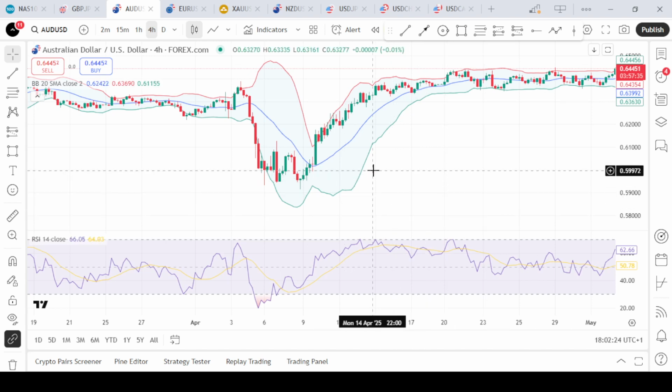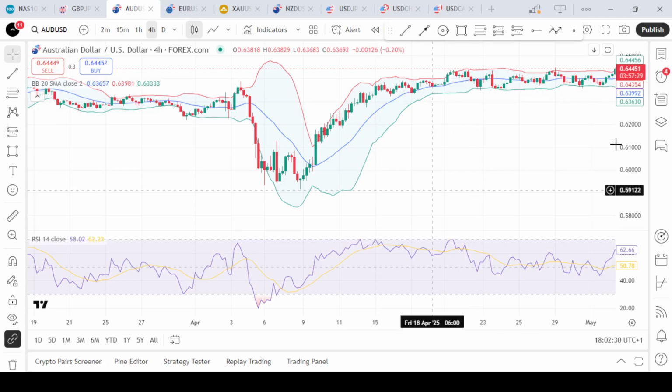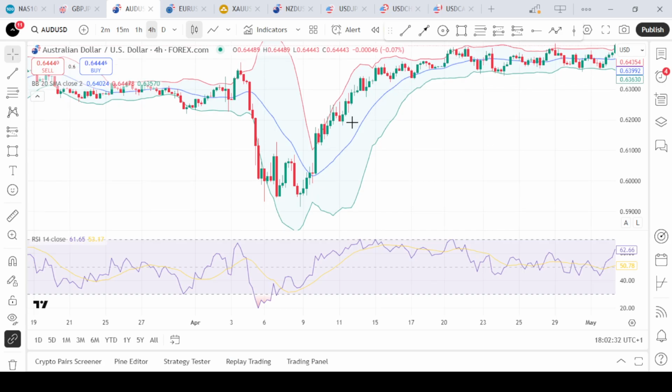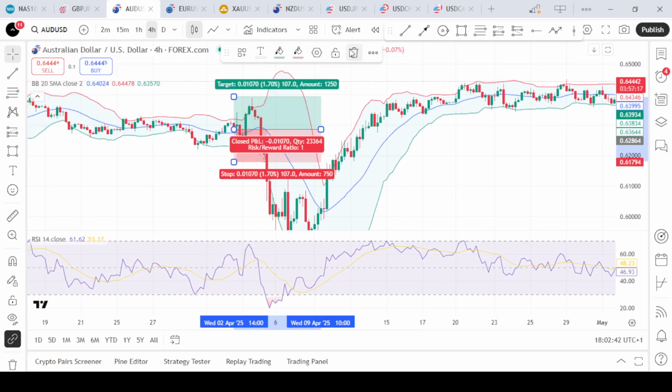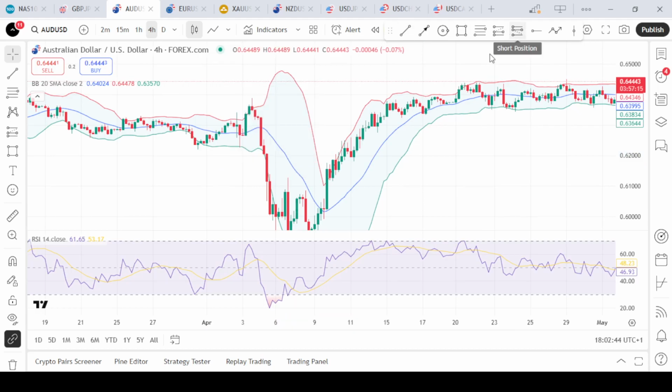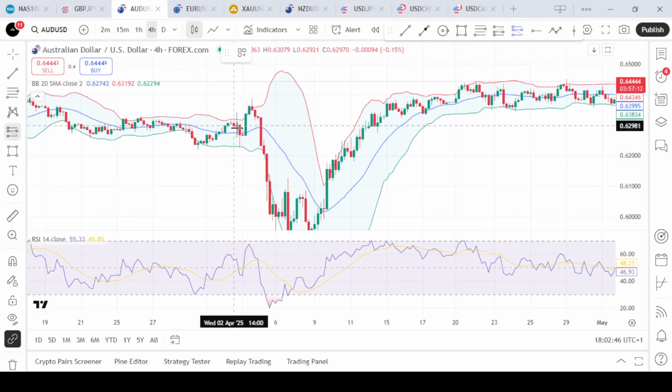Let's not forget setting a tight stop loss just outside the band is also a common error. Remember, we are talking about the common mistakes that we can make. You do not want to just take a trade at this area and set a tight stop loss because price can whip you out and then move in your direction.